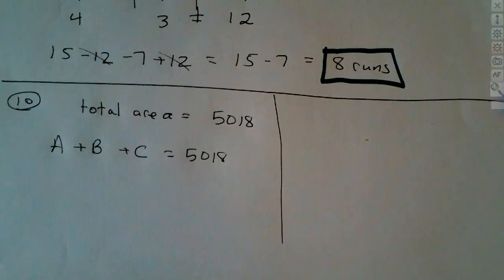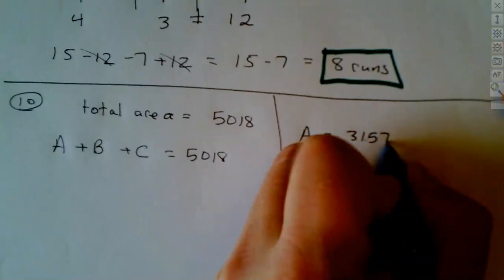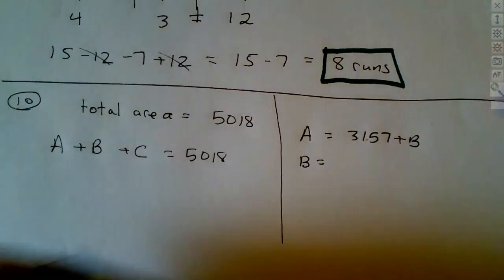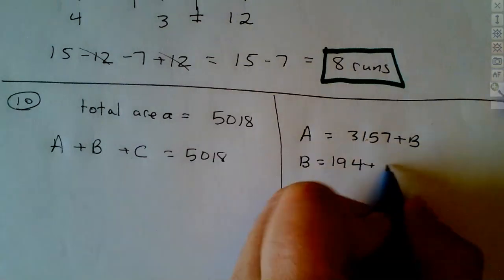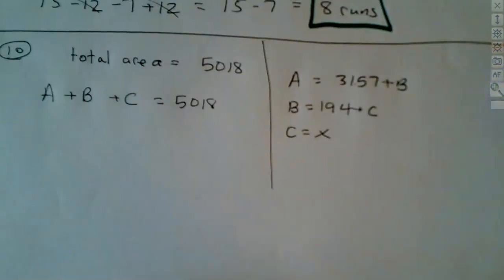Island A is 3157 larger than B. So A equals 3157 plus B. And B is 194 larger than C. So that's 194 plus C. C is the unknown, so we use the variable x.